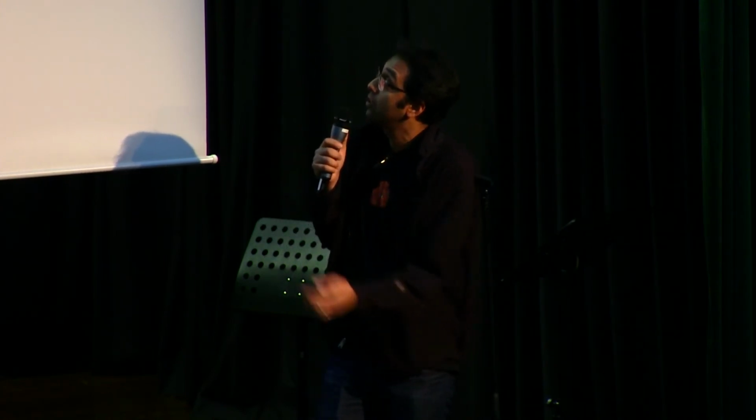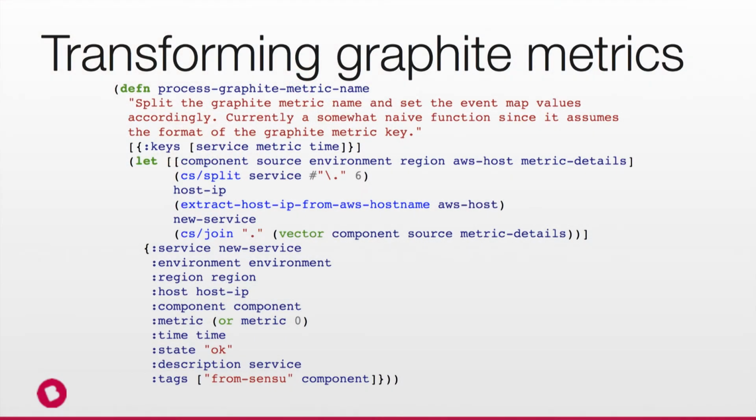There's no other format that's required. So what we're doing here is we're just transforming those into Riemann events. Again, fairly small amount of code. I haven't mentioned a couple of functions that we've written, but those are two-line functions, and I'm happy to share the code with anyone who'd like.